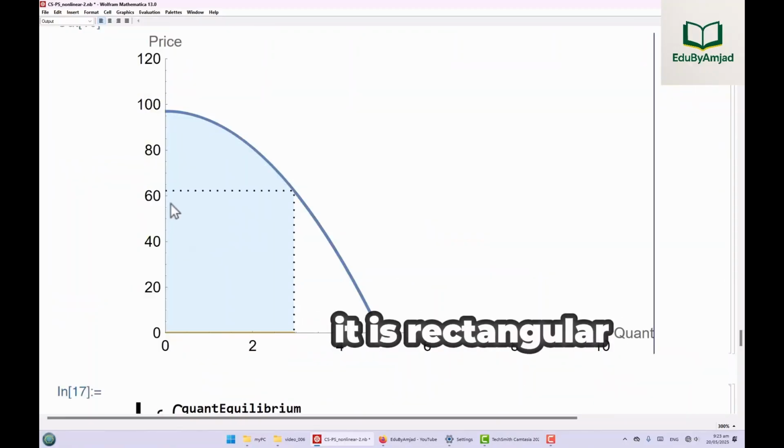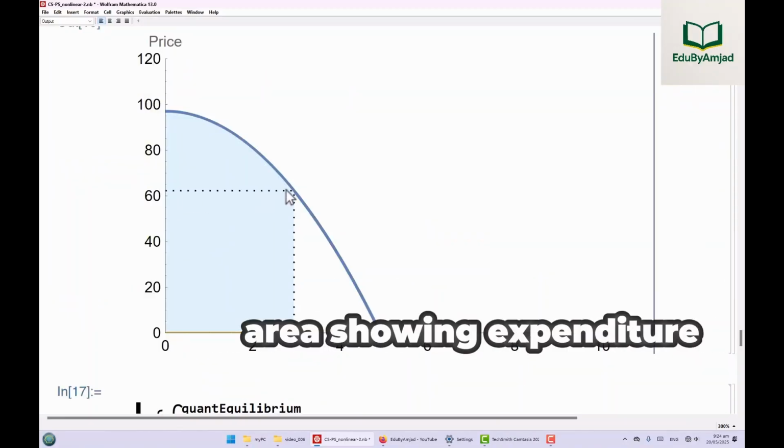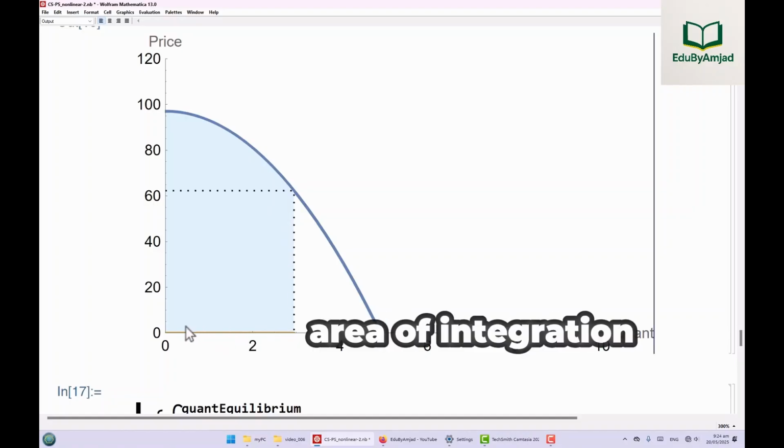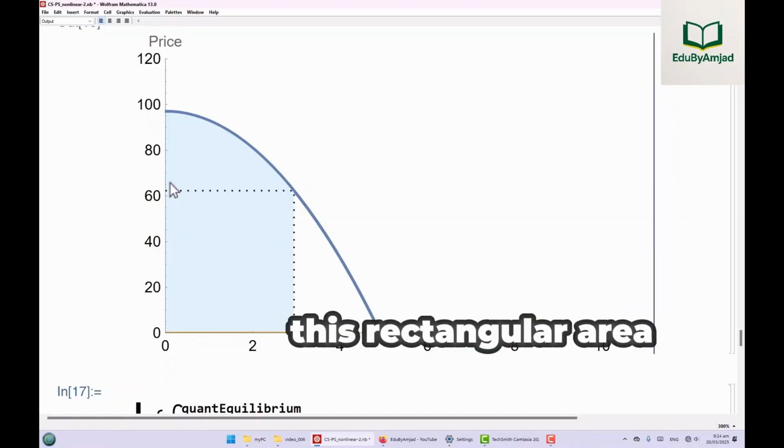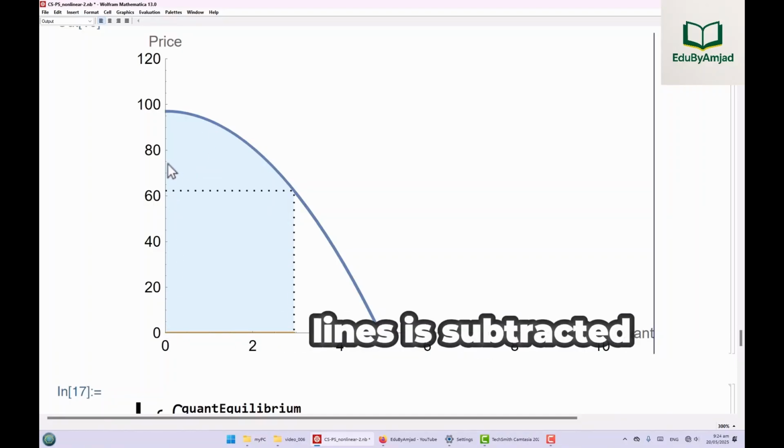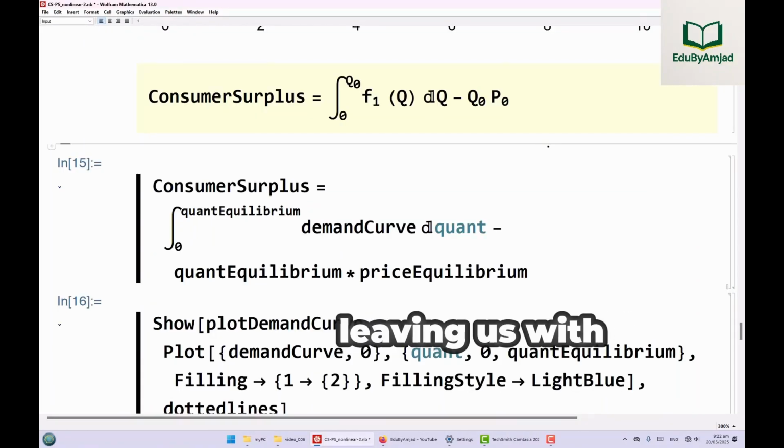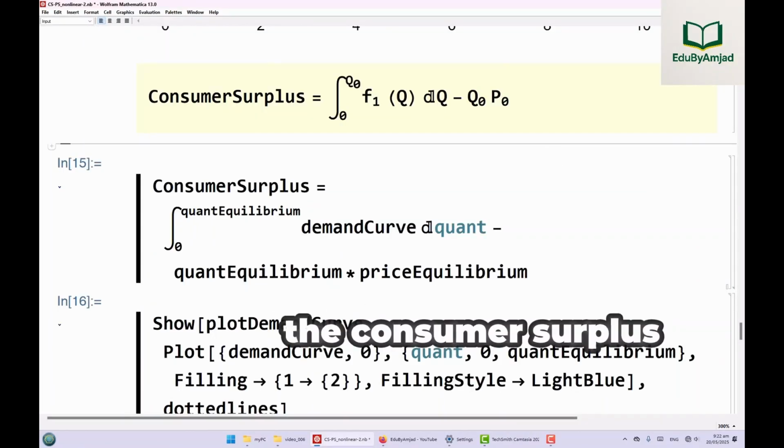It is the rectangular area showing expenditure. This is the whole area of integration. This rectangular area shown by dotted lines is subtracted, leaving us with this upper area, the consumer surplus.